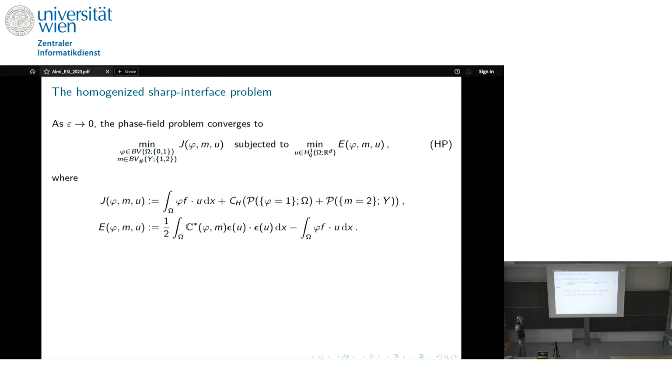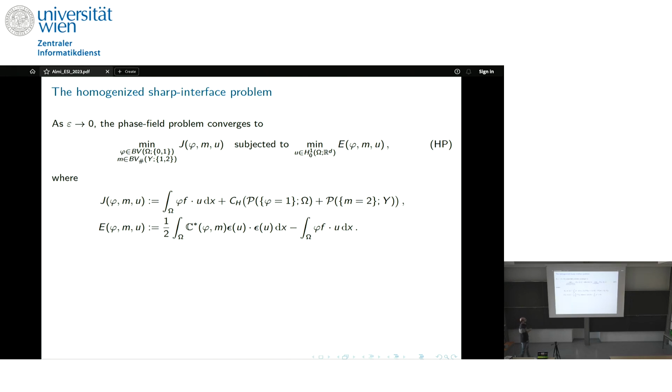Okay, so what you end up with is, again, very traditional: this Modica-Mortola, plus, let's say, an ongoing homogenization, okay? So what changes is that the cost functional is again the compliance plus the perimeter, the sum of the two perimeters now.